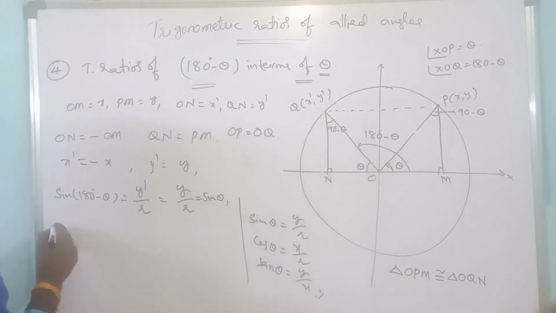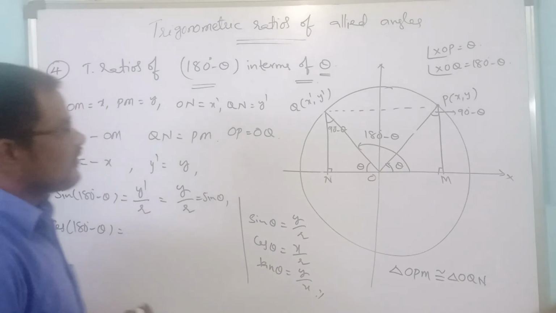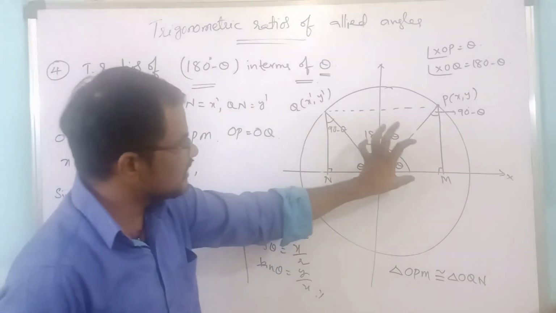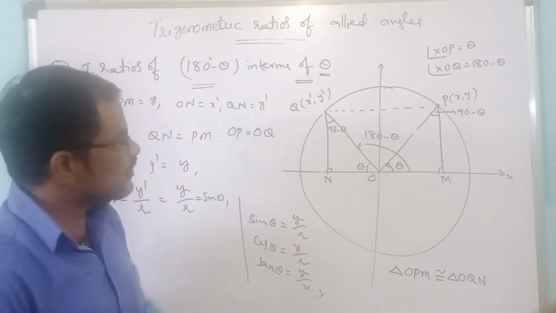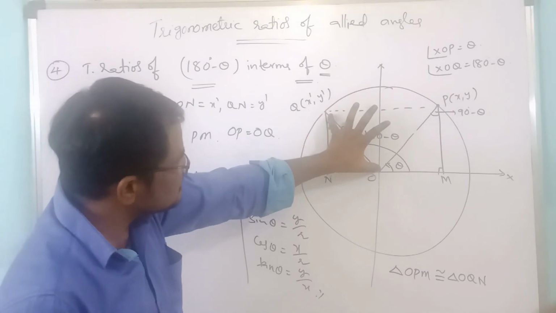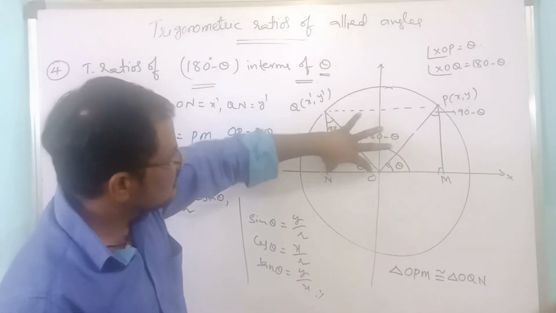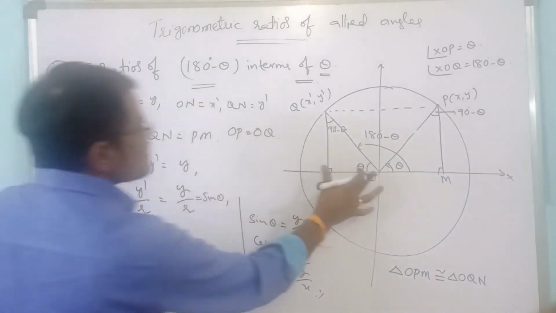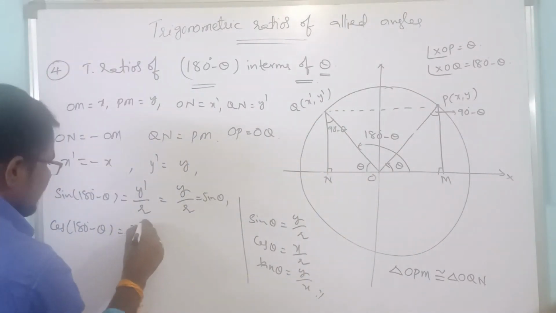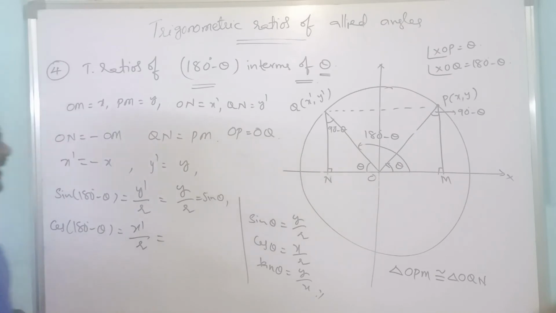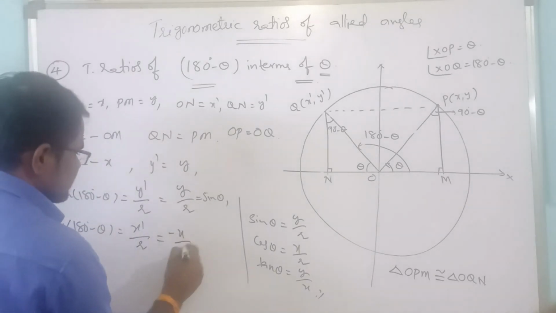Next, cos of 180 minus theta. For this one, how to define cos? Projection of radius on x-axis. So this one means ON. ON is what? X dash. X dash by radius. So but x dash is what? Minus x by r.